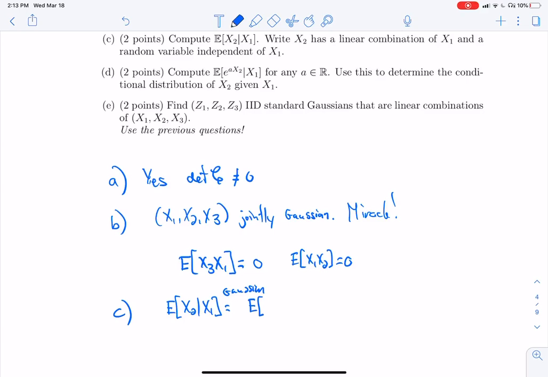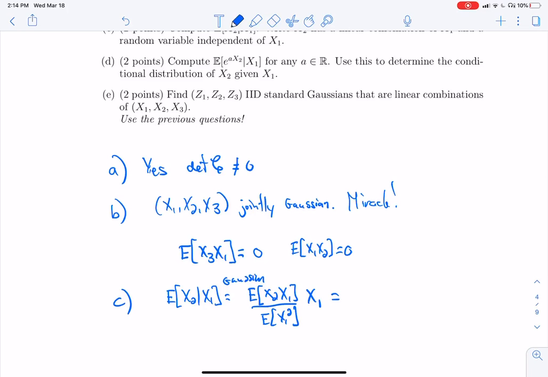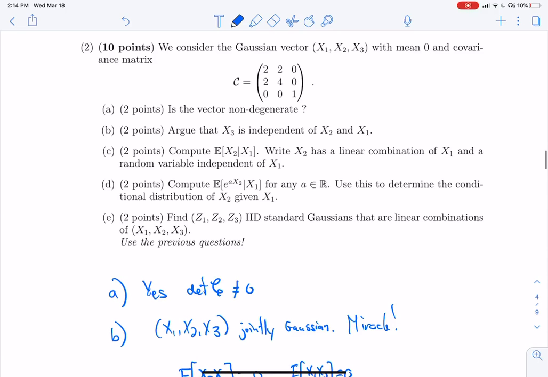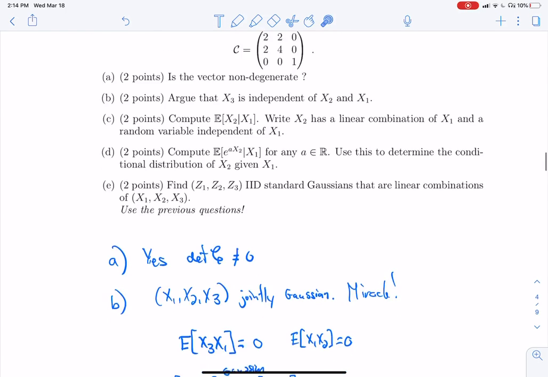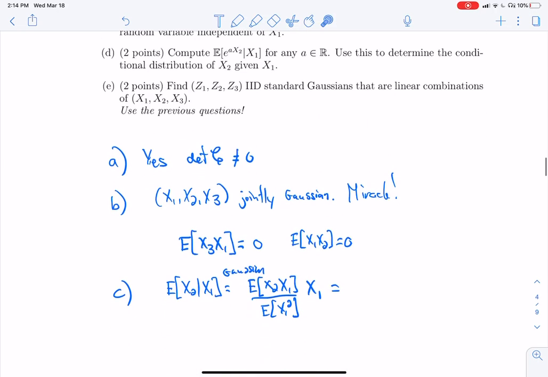We saw the formula, so this is exactly the projection on multiples of x1. So it's the covariance of x2, x1, divided by the expectation of x1 squared, times x1. We saw that in class. Now I have the covariance matrix with all the covariances. So x2, x1 has covariance 2, and the variance of x1 is 2. So I get 2 over 2, times x1. So the conditional expectation is simply x1.